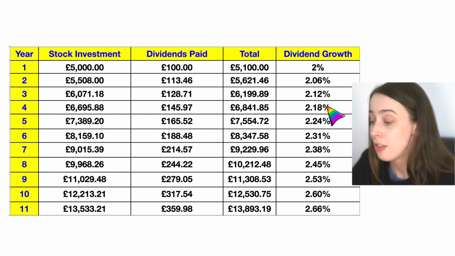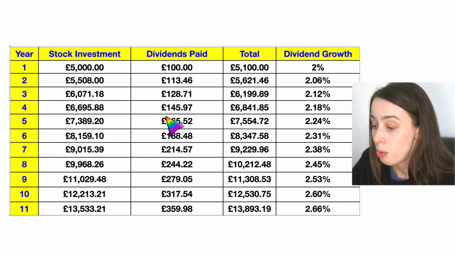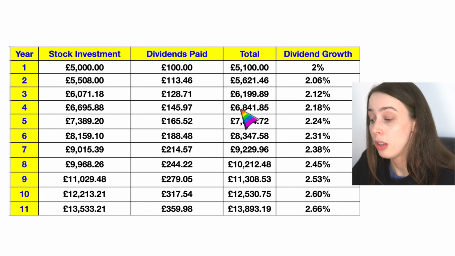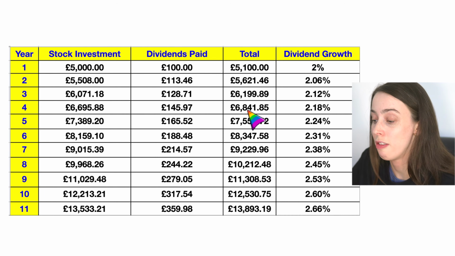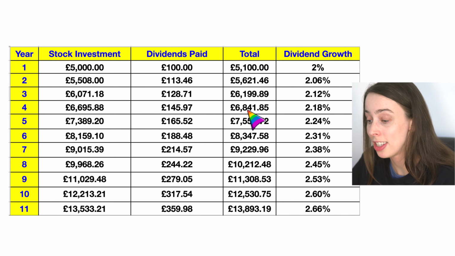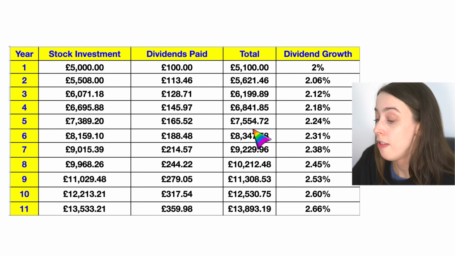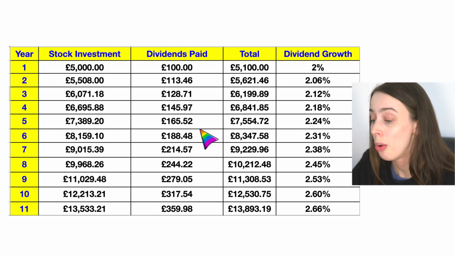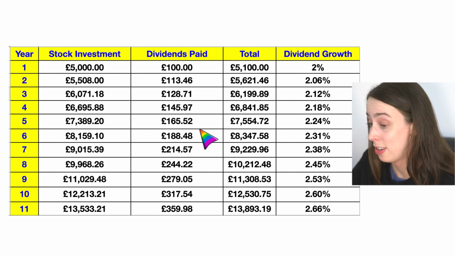So you can see that the dividend growth rate is increasing by 3% every single year. So if we jump now to year 4, at the end of year 4, you have £6,841.85. Dividends paid £145.97. At the end of year 5, your portfolio is now worth £7,554.72 with £165.52 in dividends.